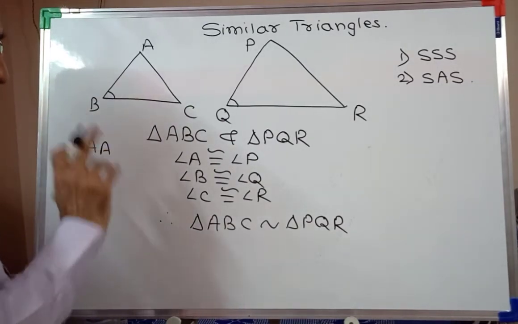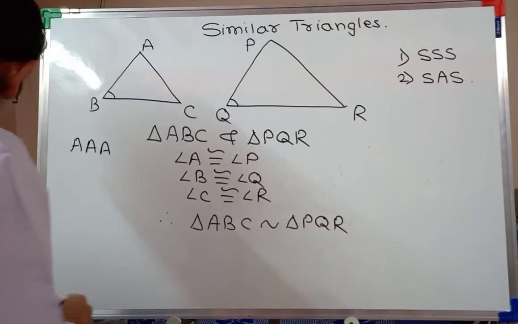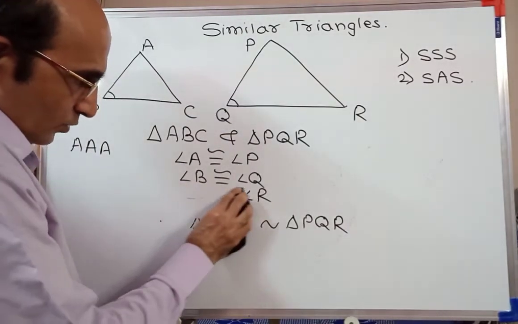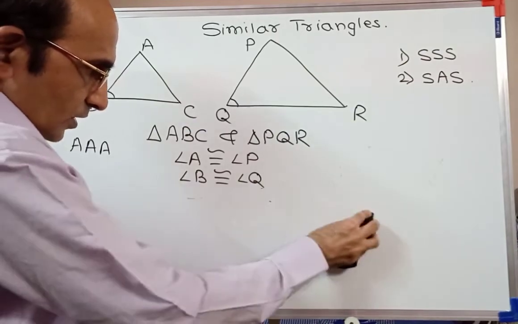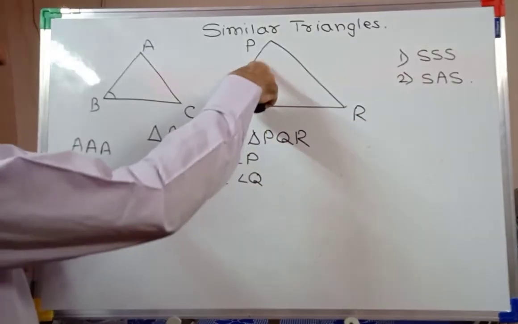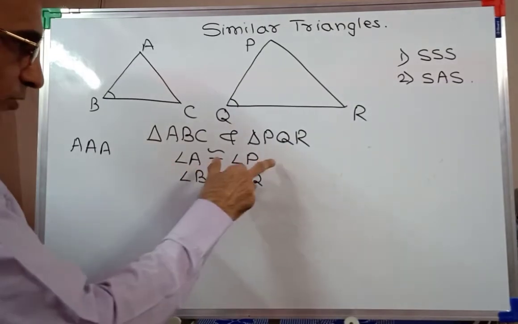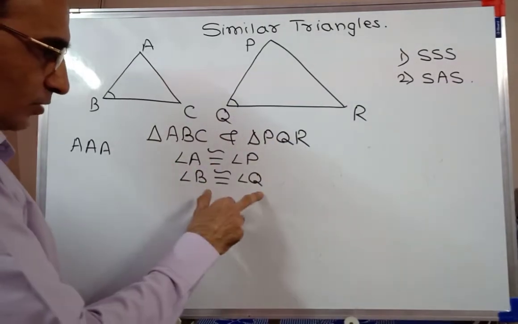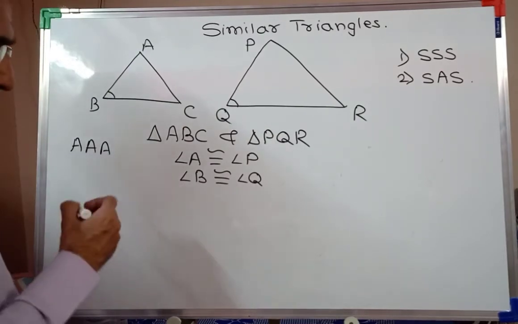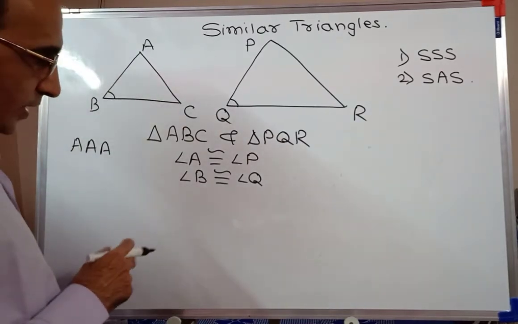Now see, instead of three angles, if only two angles of the first triangle are congruent with the corresponding two angles of the other triangle, that is angle A congruent angle P, angle B congruent angle Q, then we know that the sum of the angles of a triangle is 180 degrees.